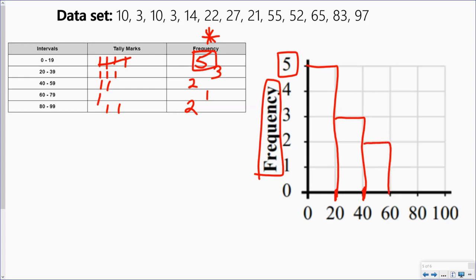I'm going to draw my bin. Next range of 60 to 79 has a frequency of 1. And then 80 to 99 has a frequency of 2. So my bins should be as high as my frequencies here.